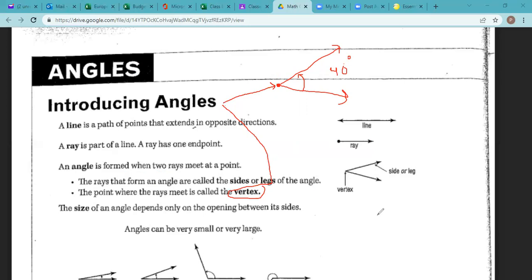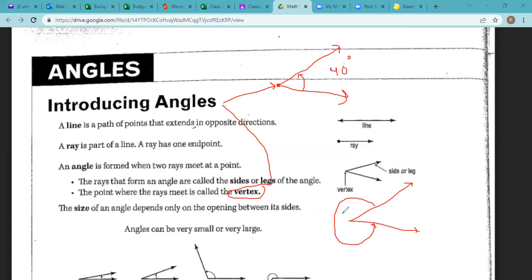You could also, though, have an angle that could be much larger, and you want to look out for that curved line with the arrow. So what if that curved line with the arrow was on the outside? That means that the angle is actually a much bigger angle.